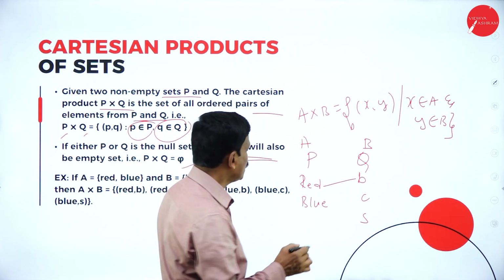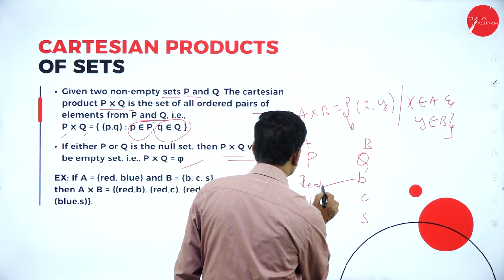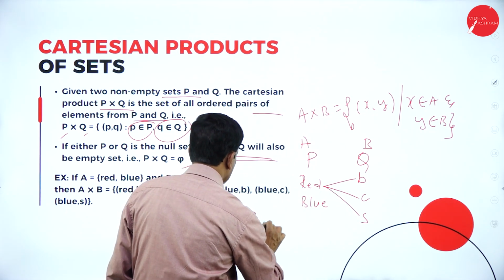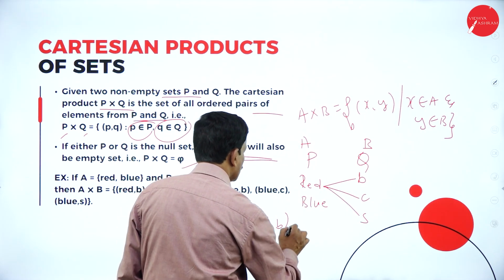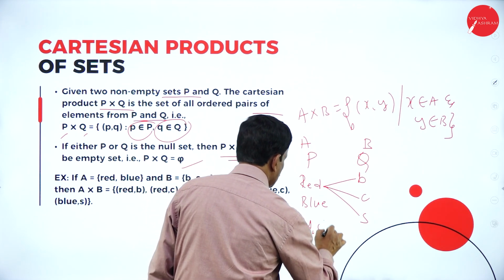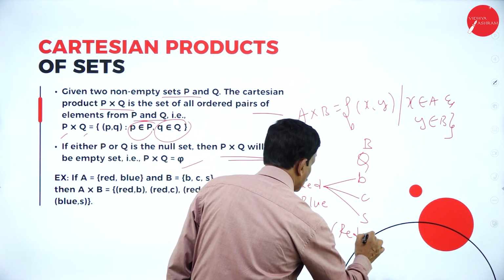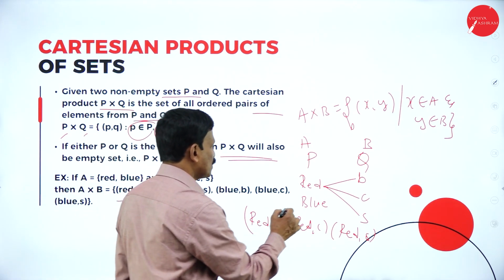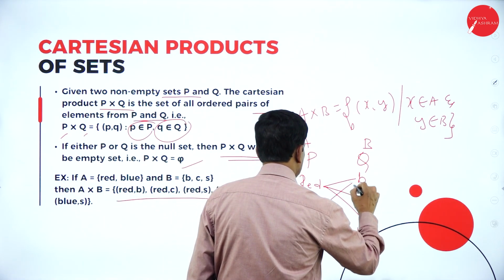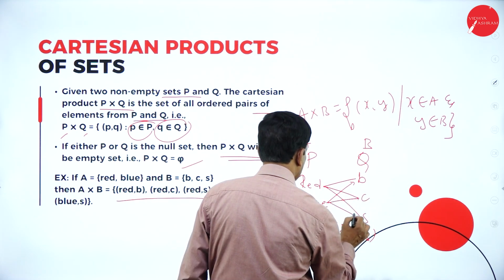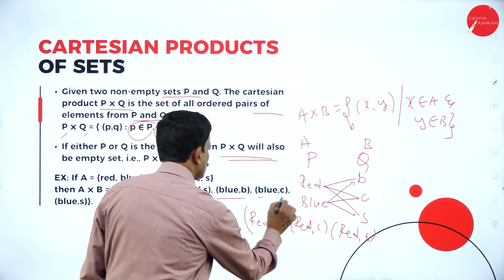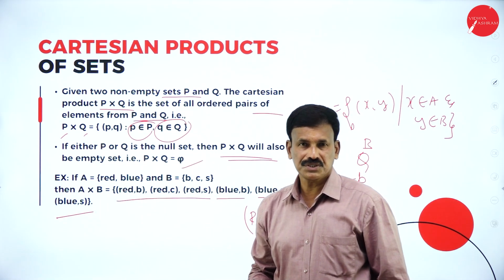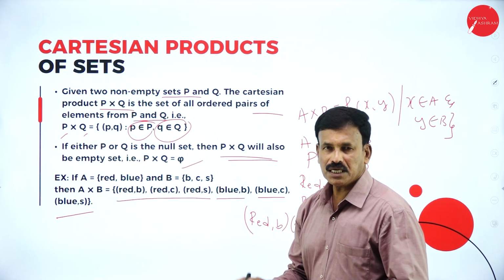Red to b, red to c, red to s, that is (red, b), (red, c) and (red, s). Similarly from blue: (blue, b), (blue, c) and (blue, s). This is how we write the Cartesian product of two sets A and B, or P and Q.